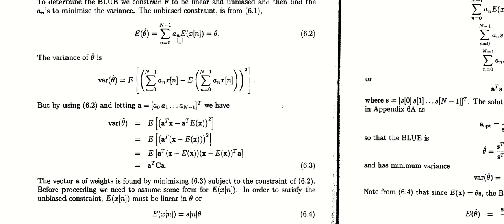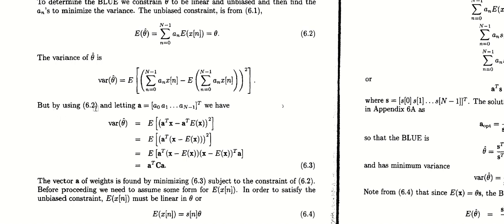We are taking the variance of this term. The variance of a random variable is the random variable minus its mean, and then take the square.